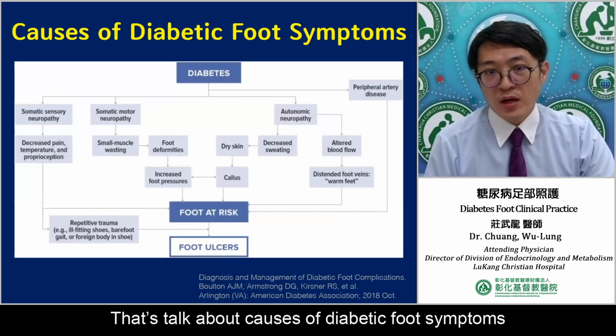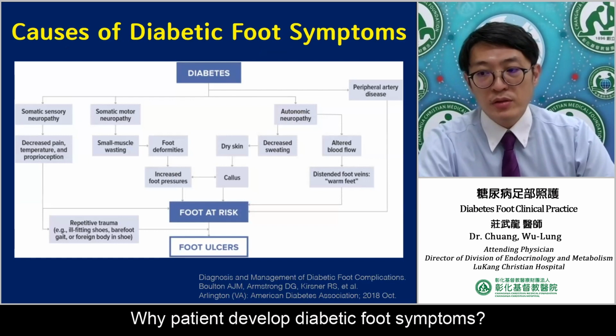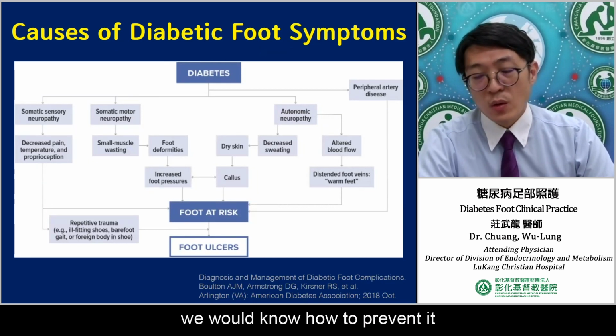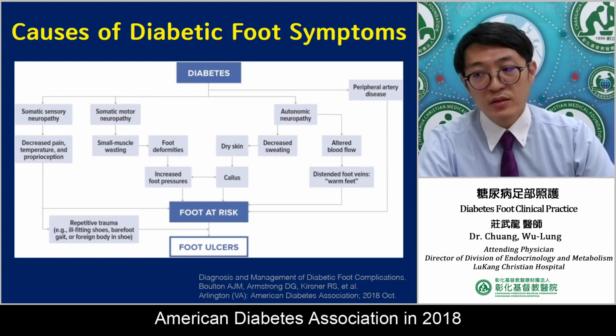Let's talk about the causes of diabetic foot symptoms. When patients develop diabetic foot symptoms, if we know the causes, we will know how to prevent it. There's a great journal paper published by the American Diabetes Association in 2018.